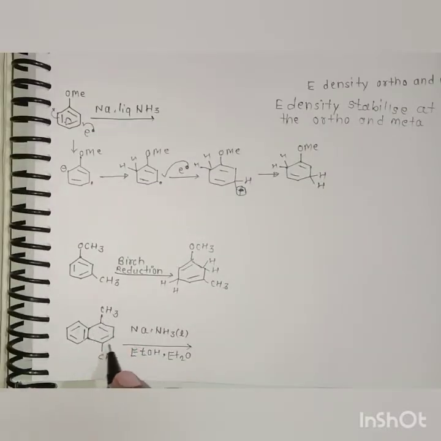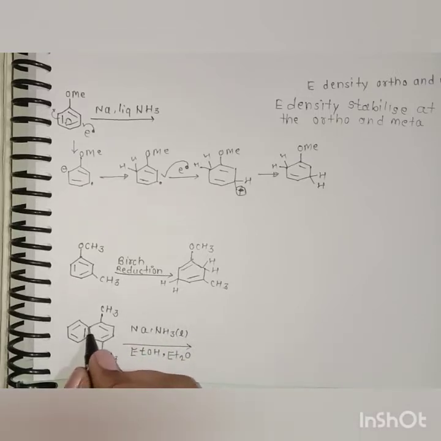Now in this example, we know that the Birch reduction condition is an electron rich condition. Therefore, what happens?